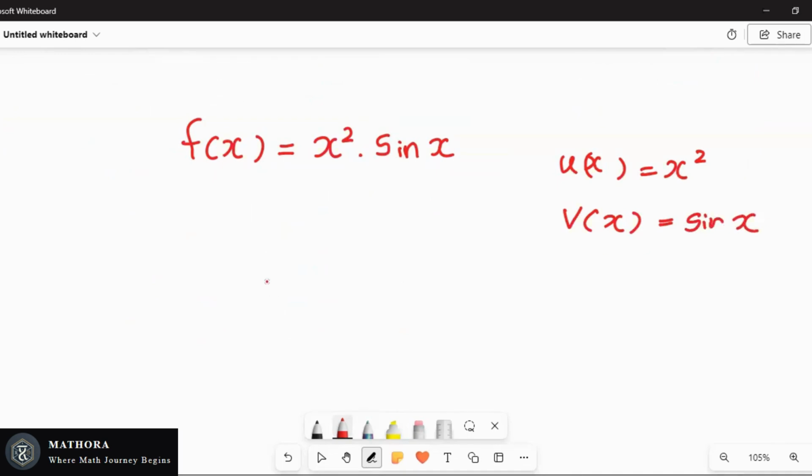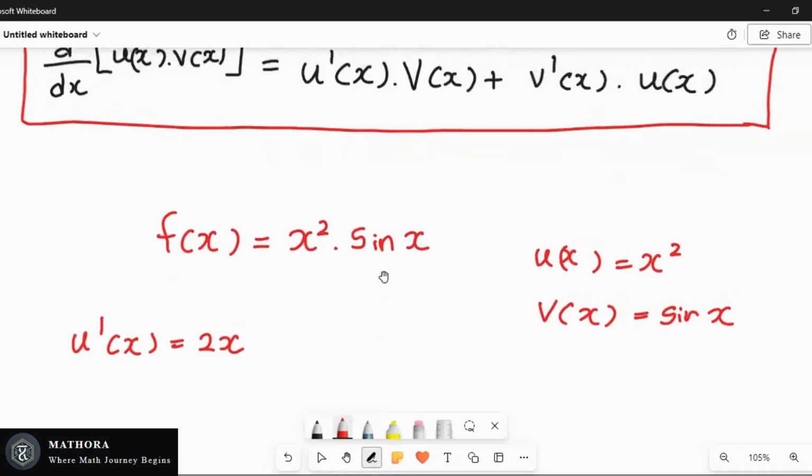Then, step 1, differentiate u(x), which is x squared, using the power rule. So we get u dash x equals 2x, because we already know this is the power rule. Then keep v(x) equals sin x.